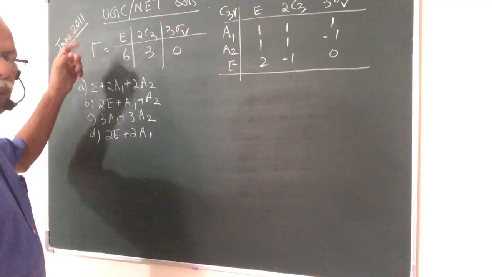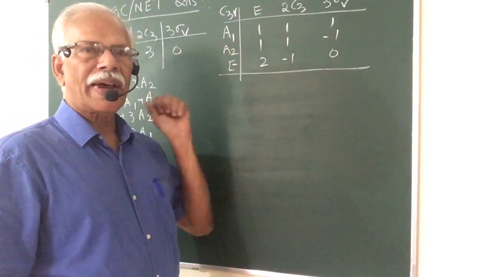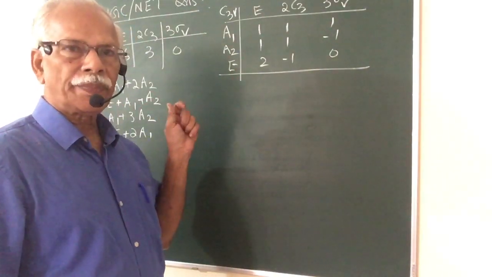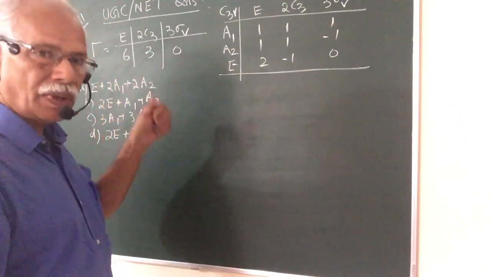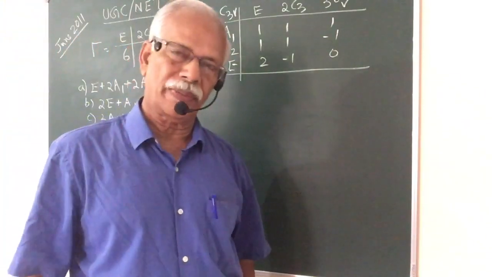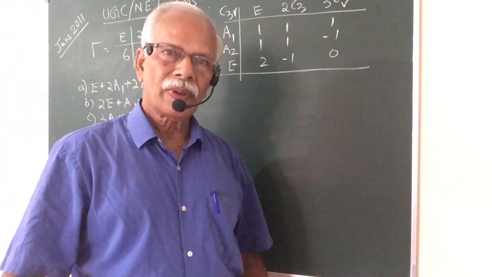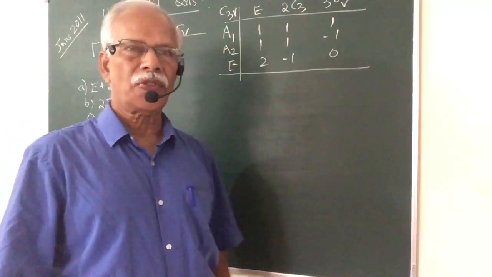June 2011: given the C3v character table and a reducible representation gamma as 6, 3, 0, what are its irreducible components? Its answer is a direct substitution in the reduction formula.